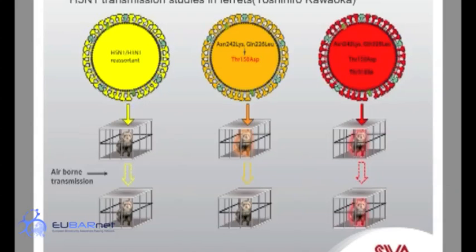One of the ferrets actually got the typical cold symptoms, and then they sequenced this virus and found that one more amino acid change had occurred. So it mutated, and that mutated variant could then infect the ferret and give the symptoms. But still, there was no airborne transmission.